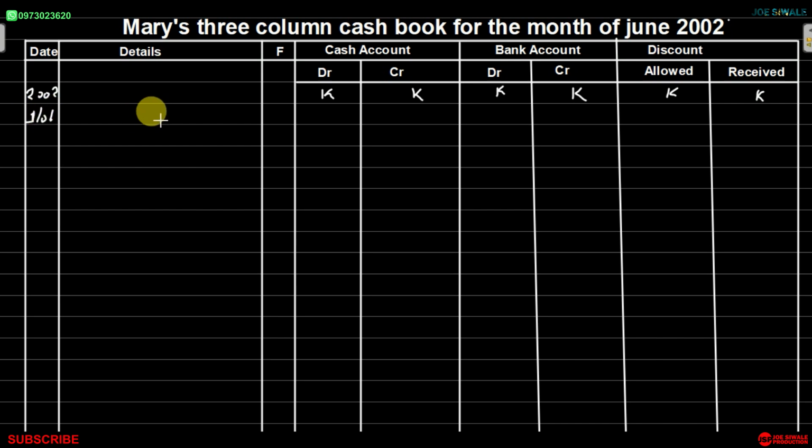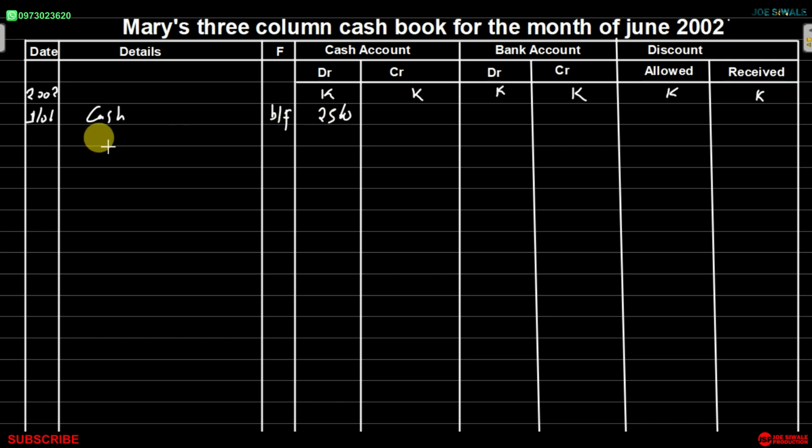And we have cash in hand amounting to 2,560. So we're going to say cash. Then in the folio column there, we're going to say balance brought forward. So we're going to record it on the debit side, 2,560.